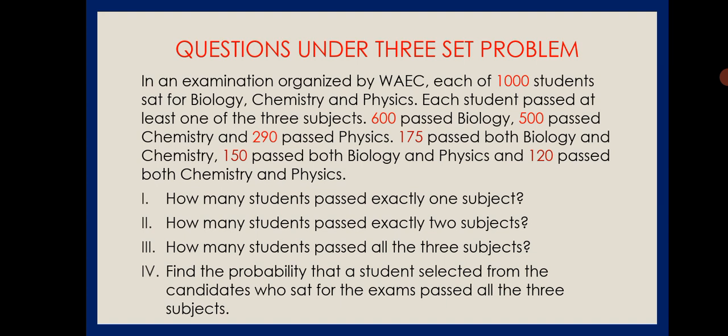Each student passed at least one of the three subjects. 600 passed biology, 500 passed chemistry, and 290 passed physics. 175 passed both biology and chemistry. 150 passed both biology and physics. And 120 passed both chemistry and physics.